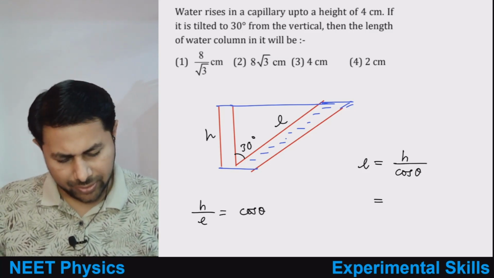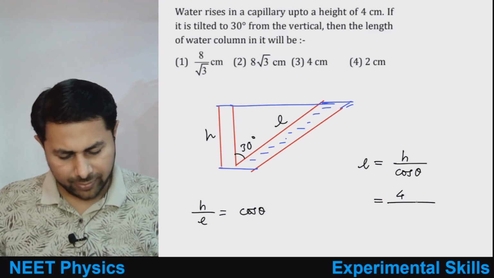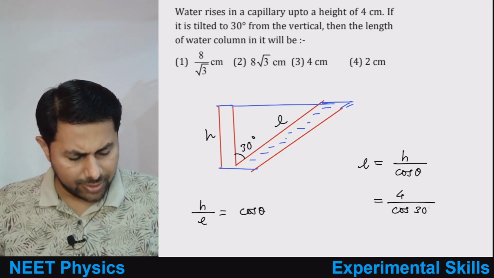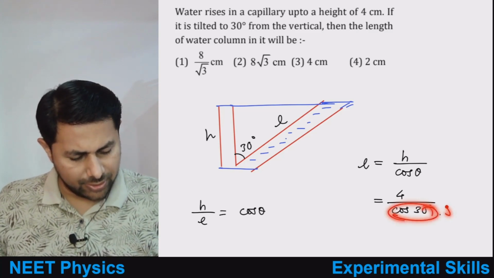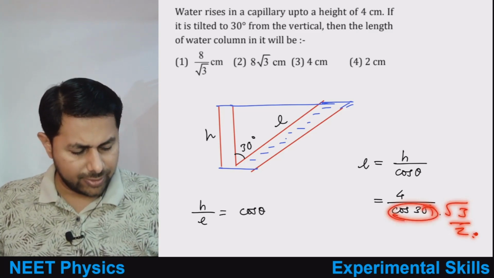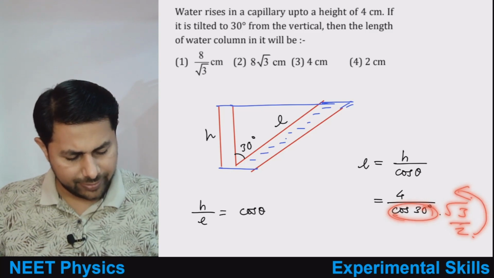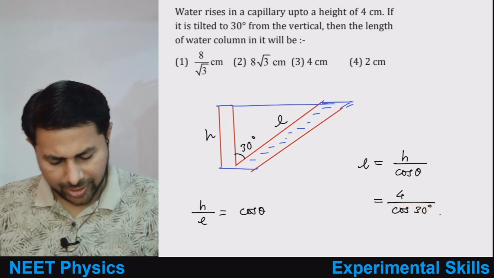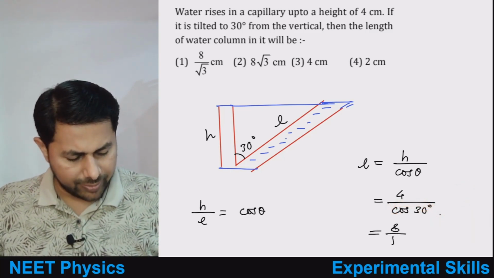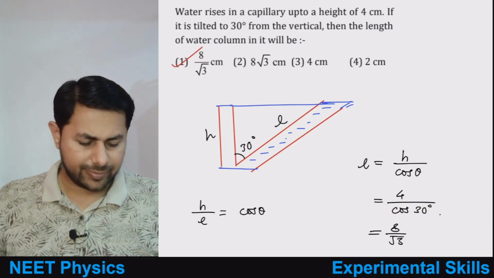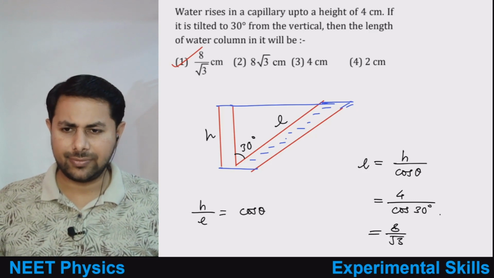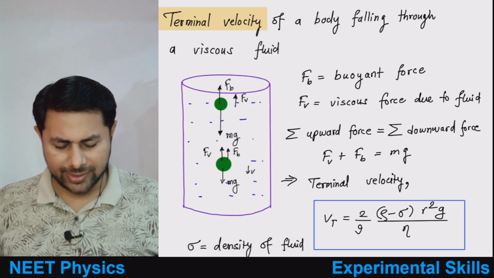H is 4 centimeters and cos of 30 degrees is root 3 by 2. Take the 2 to the numerator, so it will be 8 by root 3. So 8 by root 3 is the answer, option A. Is this one clear? Tell me.